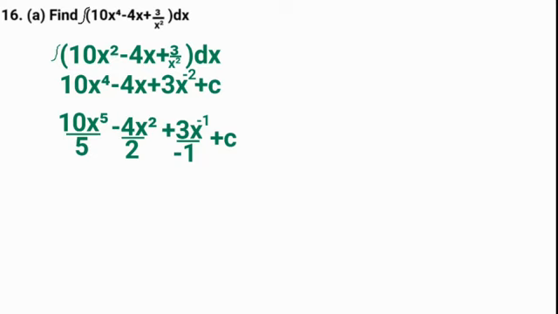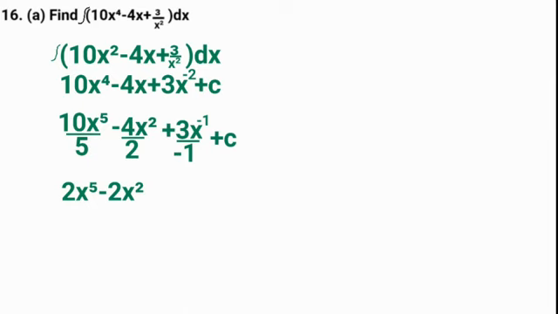Okay, once I've done that, the next thing I'm going to do is divide. First I'm going to focus on this term here. 10x raised to the power of 5 divided by 5 will give me 2x raised to the power of 5. Then I will come to this term here. Negative 4x squared divided by 2 will give me negative 2x squared.